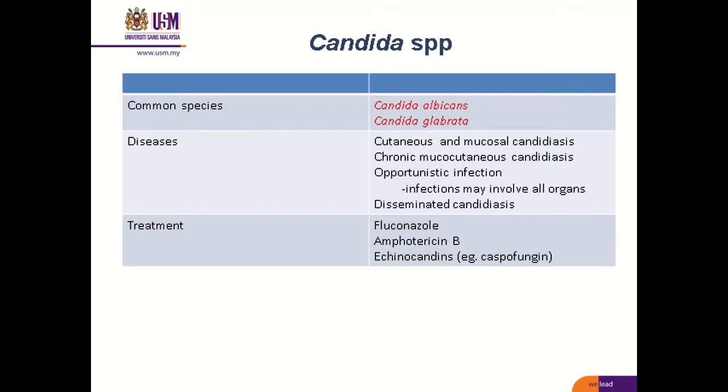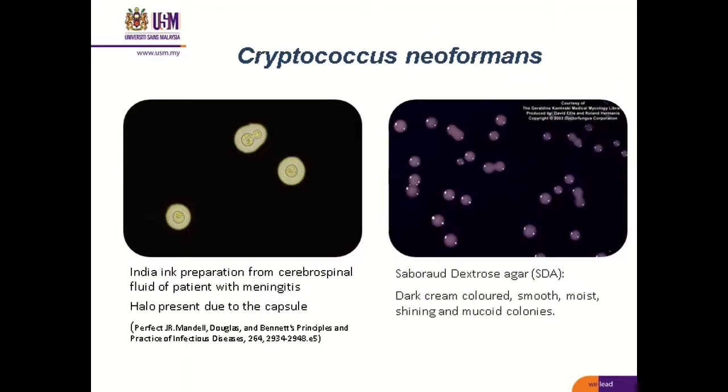For Cryptococcus neoformans, on India ink staining, we can see that there is a capsule present as a halo around the Cryptococcus due to the capsule.